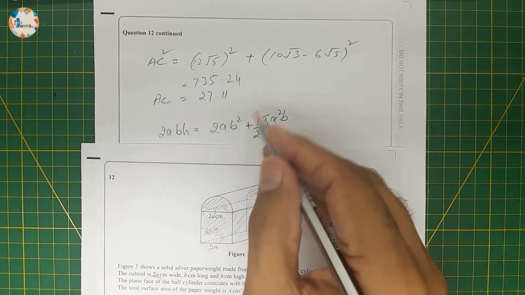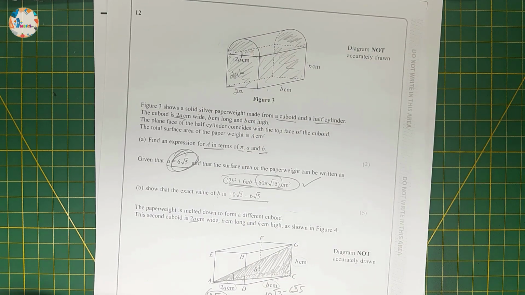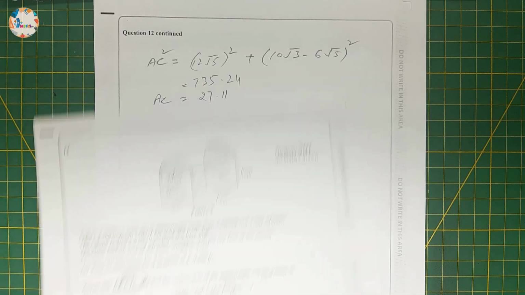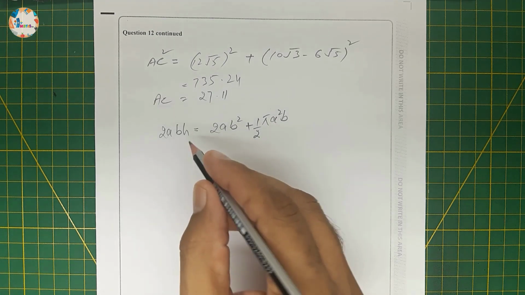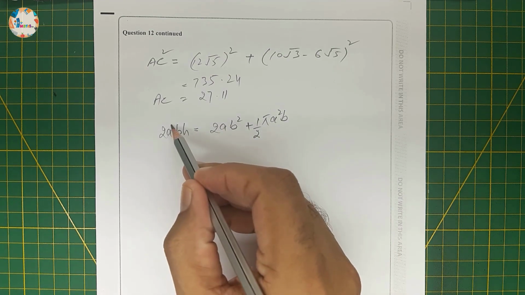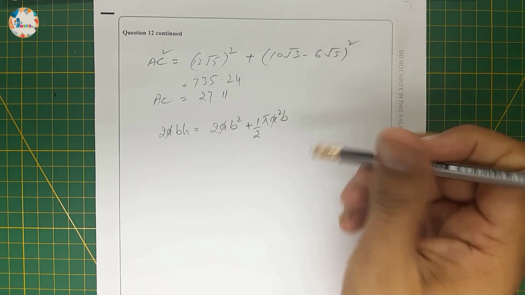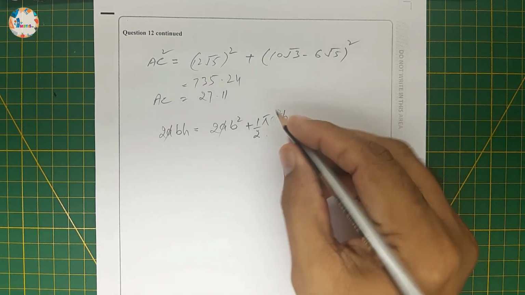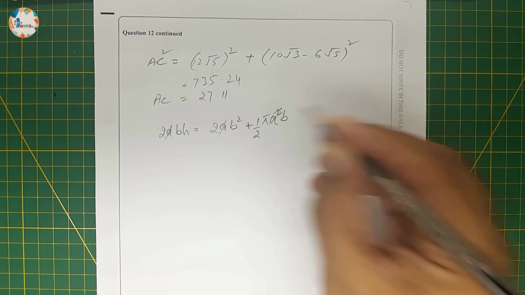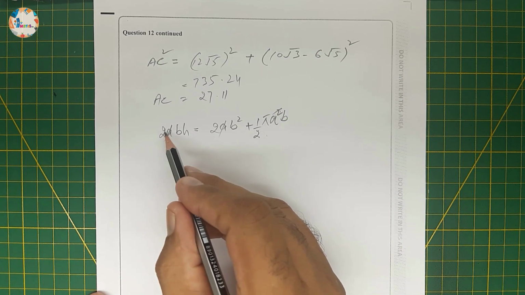This is the relation we have made from the volume of this shape being equal to the volume of this shape. Now we will find the value of H from here. We will cancel the A: one A will be cancelled, but A squared will not be fully cancelled, and we can cancel the 2.